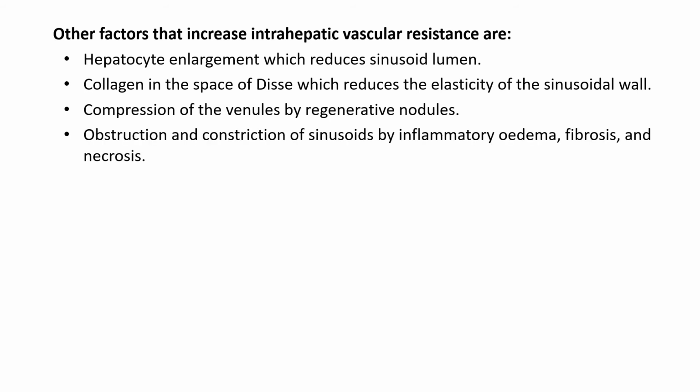And of course, we've got edema, we've got fibrosis and necrosis. Remember those hepatic stellate cells, when they became myofibroblasts, also tend to migrate. So if they start laying down fibrin collagen in the sinusoids themselves, then they're going to cause an obstruction. The whole liver may be inflamed, which is also going to decrease the size of the lumen.